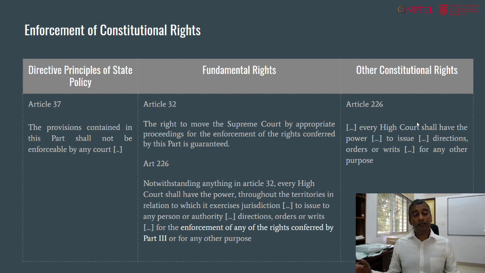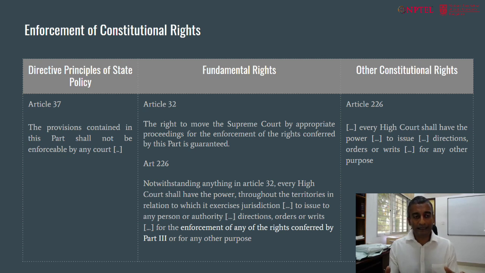If you have other constitutional rights, we talked about Article 300A, we talked about Article 326, which dealt with your rights of election. Who will protect those rights? Primarily Article 226, the High Courts. Now, it may go up on appeal to the Supreme Court, but your primary port of call is the High Court of your respective state.